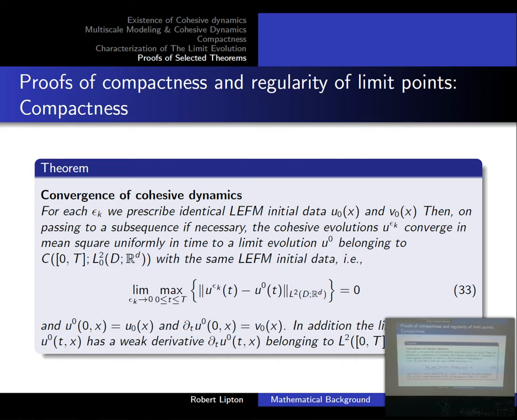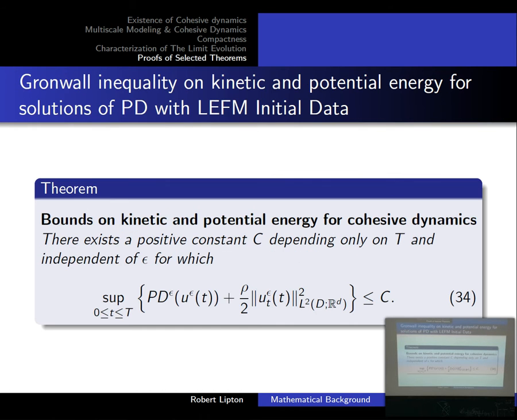And then how we show this, I'll show you now, okay? And I won't get into the weeds on the details of how you show it, but how you show it is important, okay? So what we would like to do now is do our L2 compactness uniformly in time. Okay.